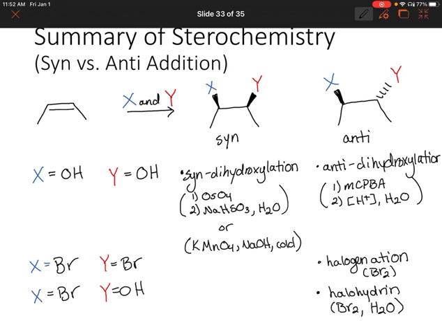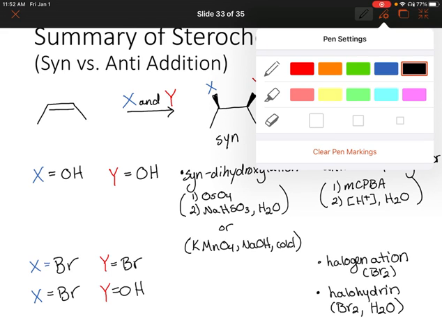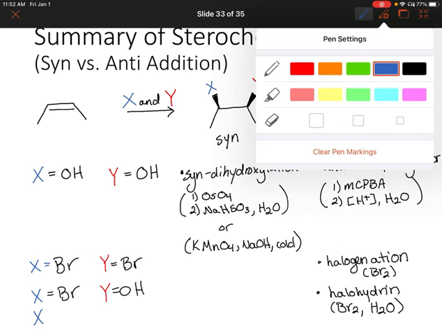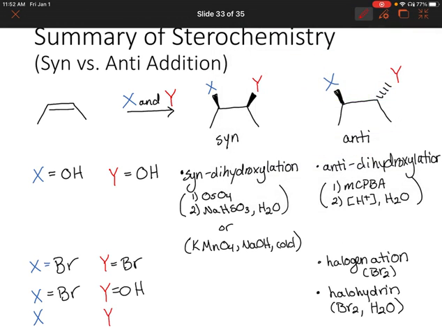All right, and then what if we want to add hydrogens across the double bond? So X is a hydrogen and Y is a hydrogen. Which reaction do we perform? Hydrogenation. So is that syn or anti-addition?